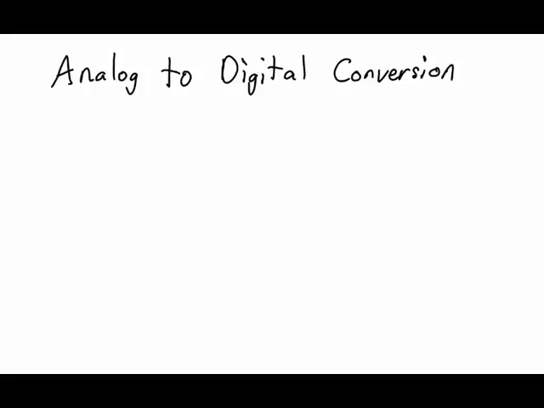In this video, we're going to look at how this analog to digital conversion takes place. Remember that an analog value comes from an analog sensor, which means that the sensor can have any value in between the minimum and the maximum value.